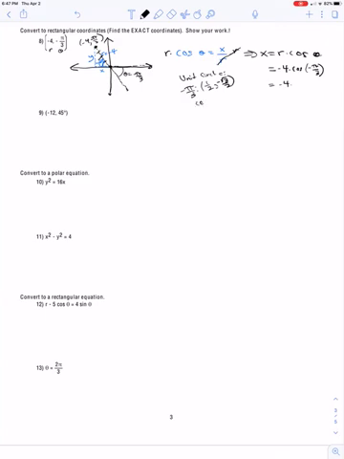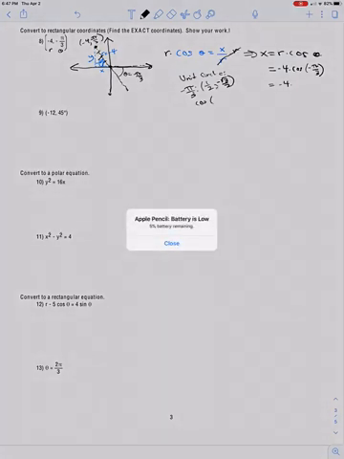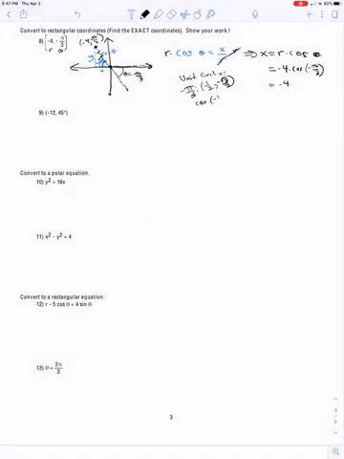The cosine of negative pi over 3 is equal to 1/2, equal to the x coordinate. So we have -4 times 1/2, which is -2. So what does x equal? x is equal to -2.